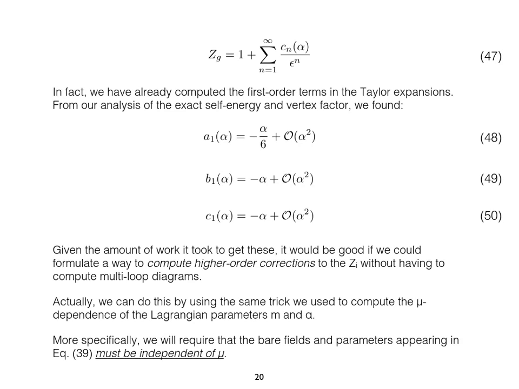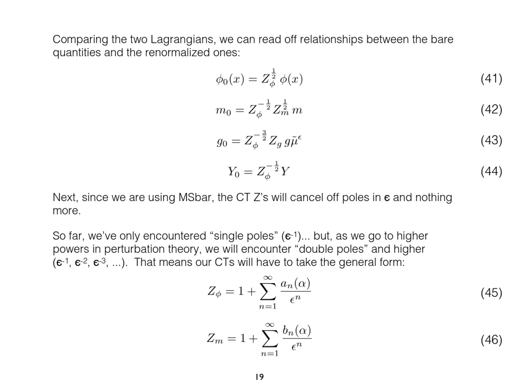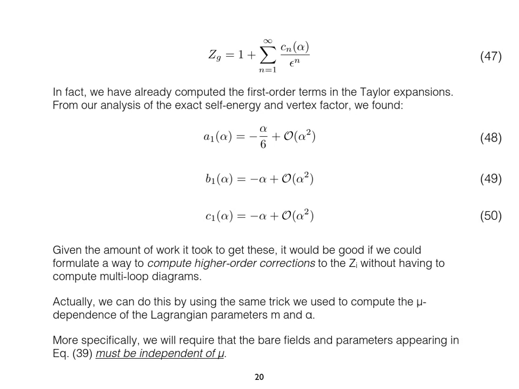And the same thing for ZG. We've actually already computed this. If you compare these general expressions and set n equals 1, you can extract what those coefficients are for our case, the phi cubed theory. For A1, you get minus alpha over 6, and both B and C are just minus alpha.